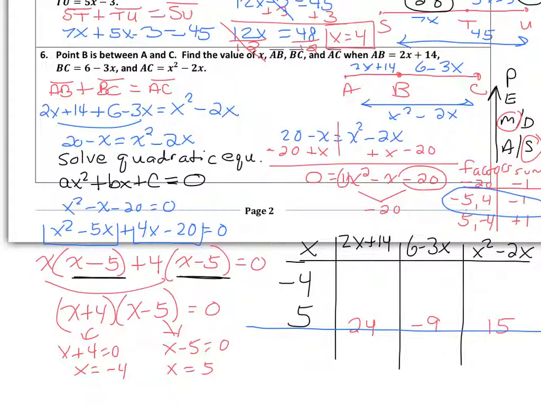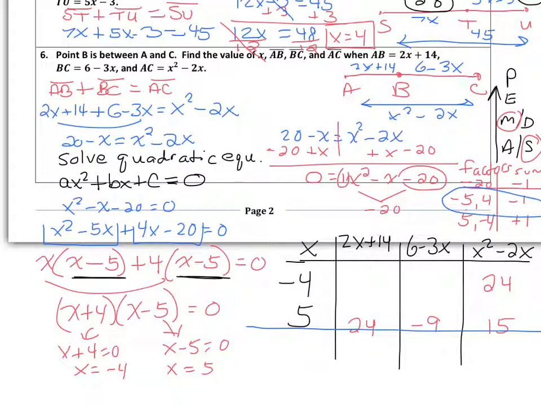So let's take a look at our negative value here, negative 4. And I'm going to start out with the whole. Negative 4 squared is negative 4 times negative 4. That's 16. 16 minus 2 times a negative number would be 16 plus 8. So 16 plus 8 would give us 24 here.